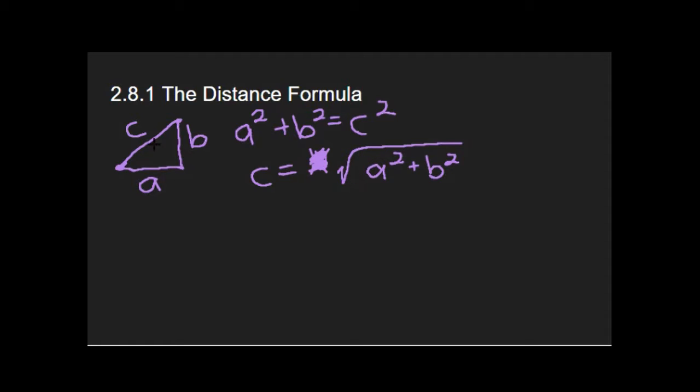So now we are going to relate that to a line on a graph in the Cartesian plane. So if we have our coordinate plane here, kind of drawn, and if we have a line on there from this point to this point, then we have 2 points.